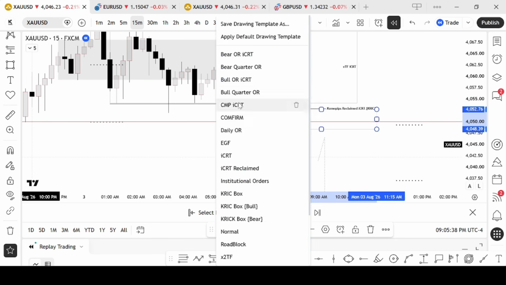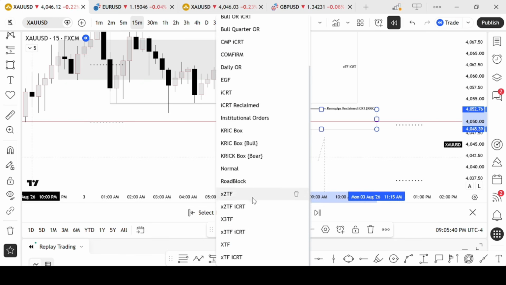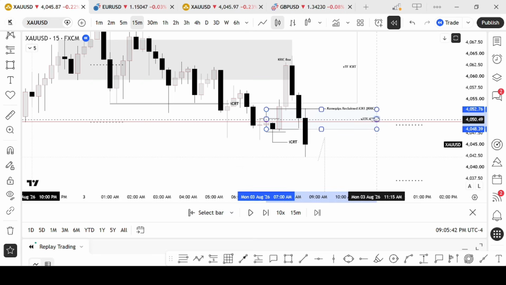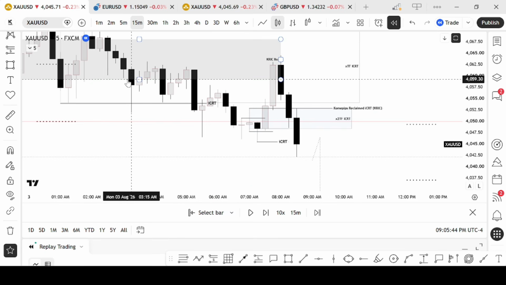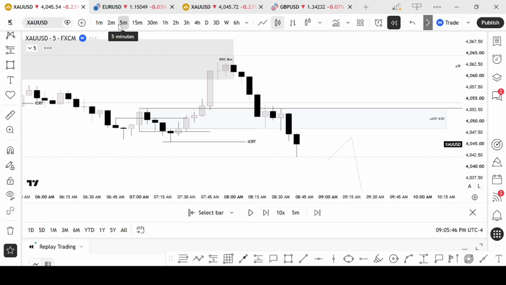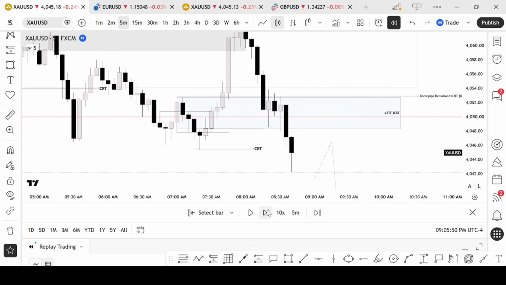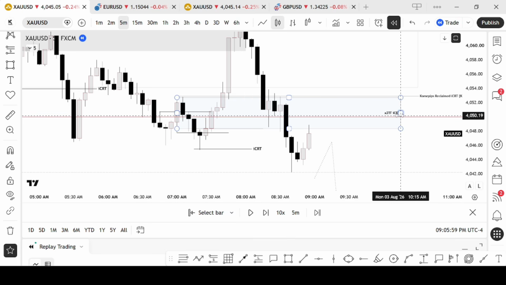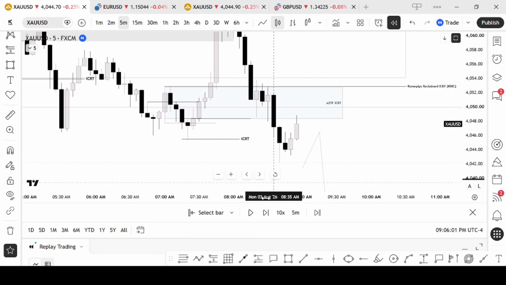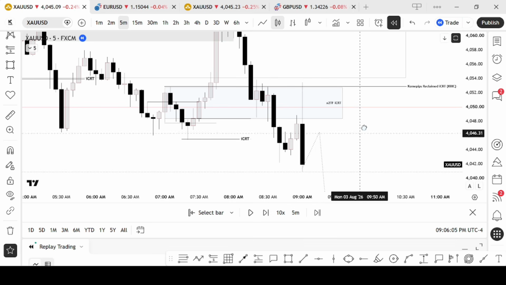So this is X2 time frame. So until price taps it, we are not going to look for further entry. So basically all we need to do is wait for price to tap that level, and then if price taps that level, just the way it has happened now, we are waiting for 5-minute creek or 5-minute ICRT.